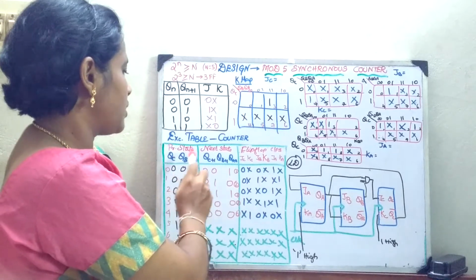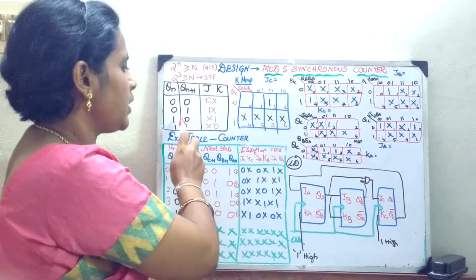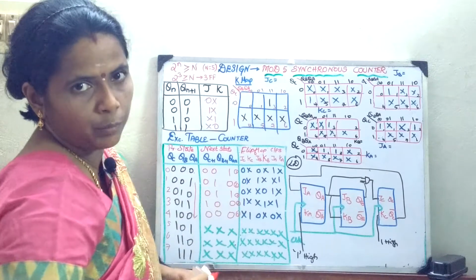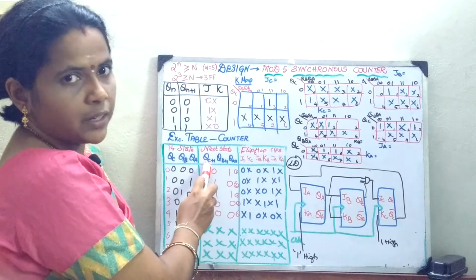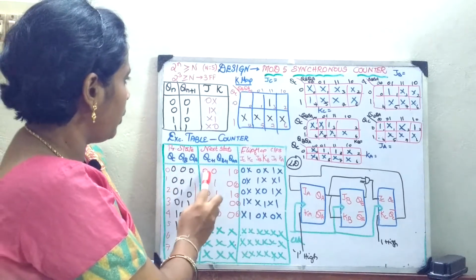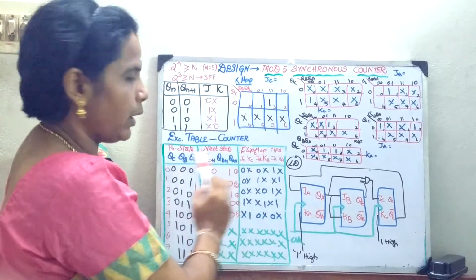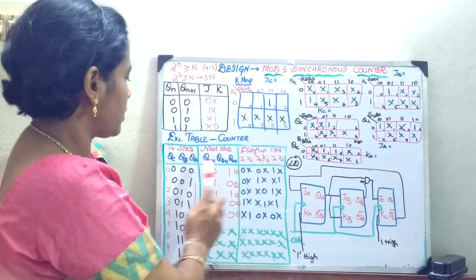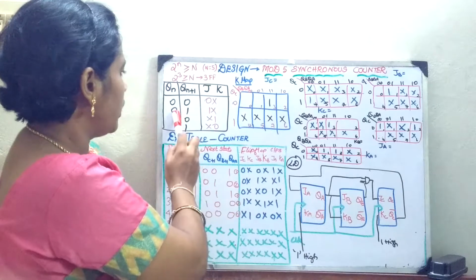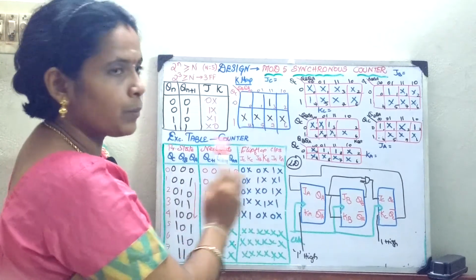Once you have written the present state and next state, use the excitation table to fill this table. How to fill? This is QC present state, this is the next state. So, take the first variable: 0 0 means 0x. Come for B: 0 0, 0x. Come for A: 0 1. What is 0 1? 1x.